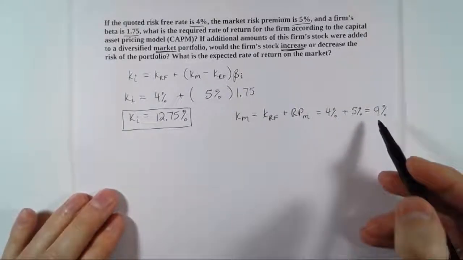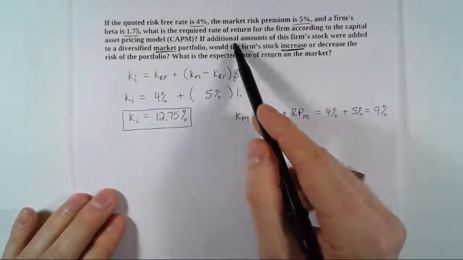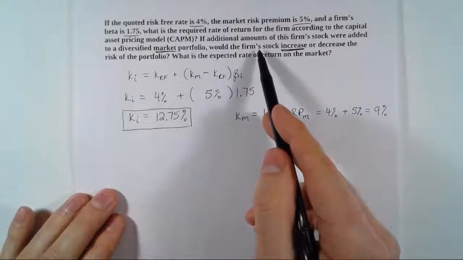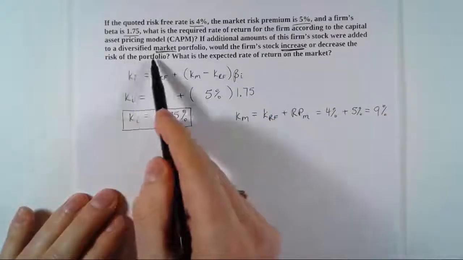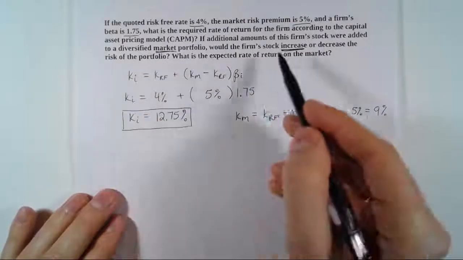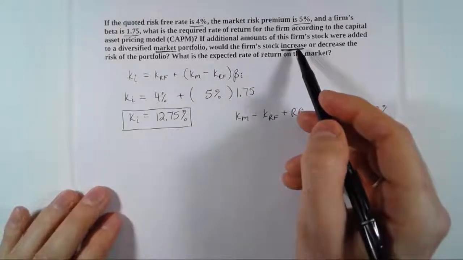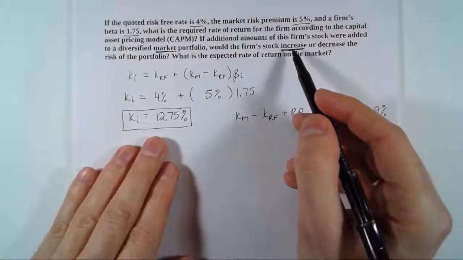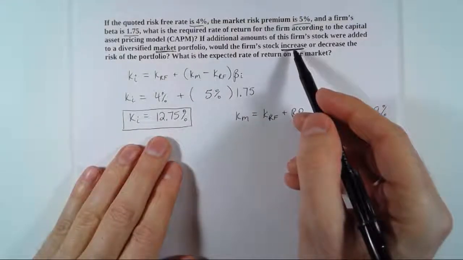Now let's return to this question a moment ago of if additional amounts of this firm's stock were added to a diversified market portfolio, would the firm's stock increase or decrease the risk of the portfolio? We concluded that it would increase the risk of the portfolio. So if it increases the risk of the portfolio, you should require a higher level of return compared to the market.